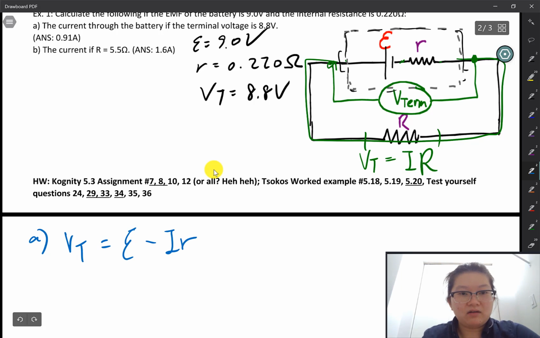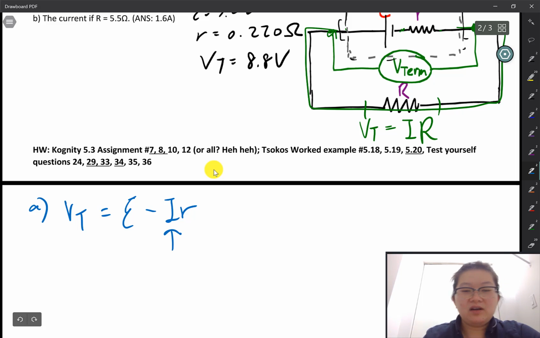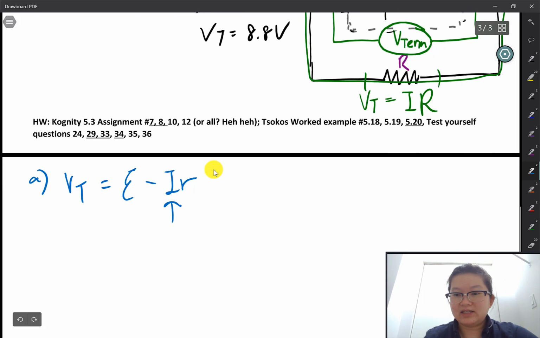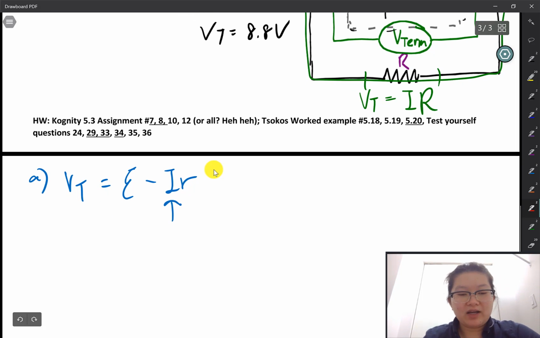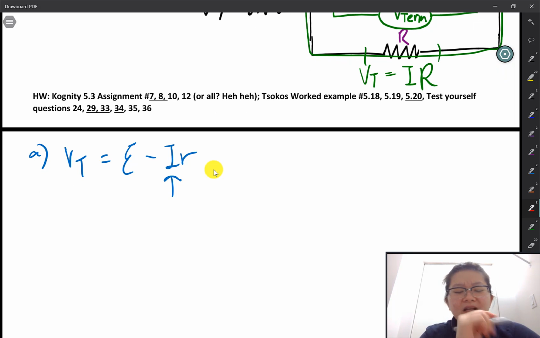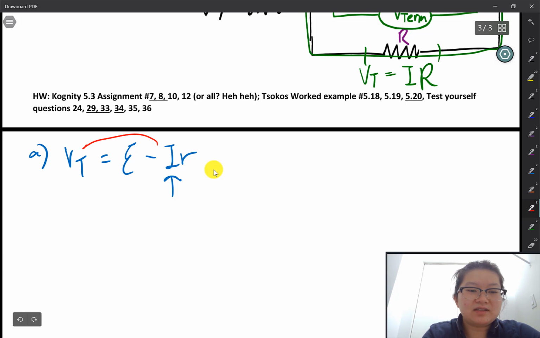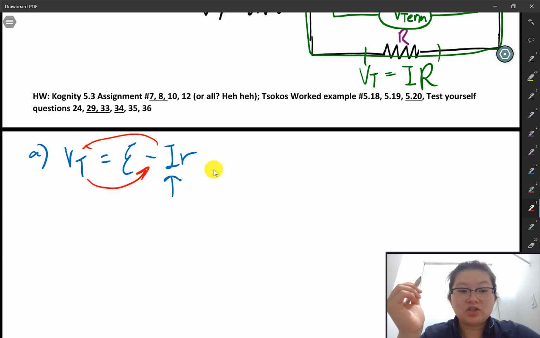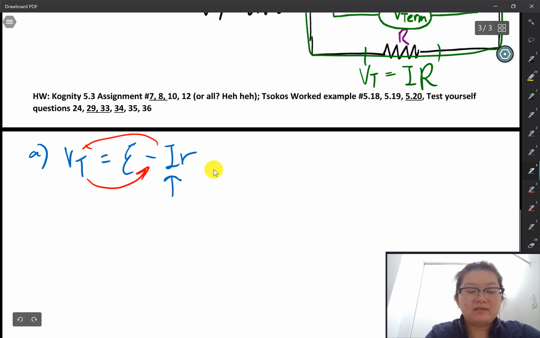To find the current, we just have to solve for it, which means we have to rearrange this equation a little bit, subtracting the terminal voltage from the EMF of the battery. So I'm going to get epsilon minus V terminal.